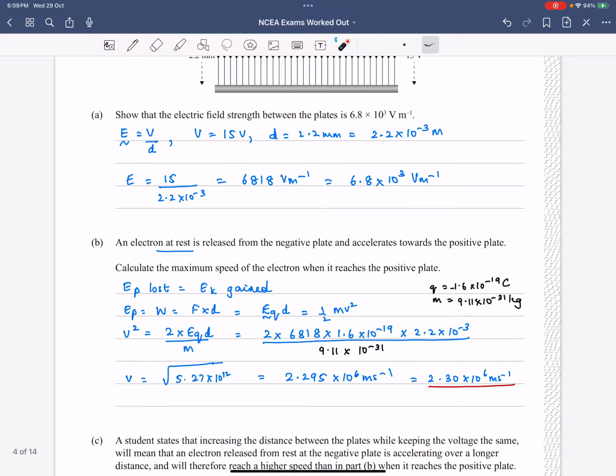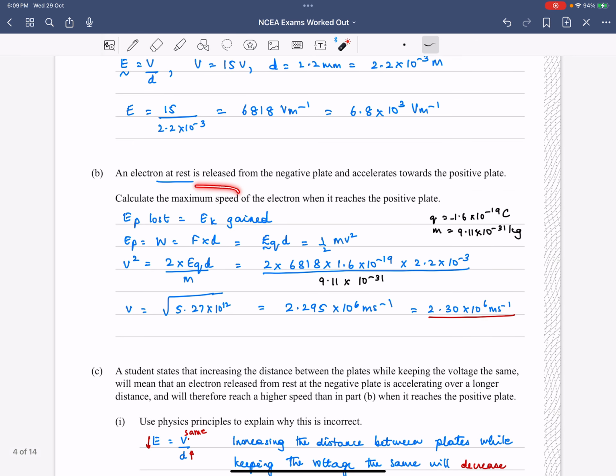Now, an electron at rest is released from the negative plate and accelerates towards the positive plate. If it's accelerating towards the positive plate, that means it's gaining kinetic energy and losing electrical potential energy. We have to calculate the maximum speed of the electron when it reaches the positive plate. For this one, you need to look at your resource sheet because there's some information there.